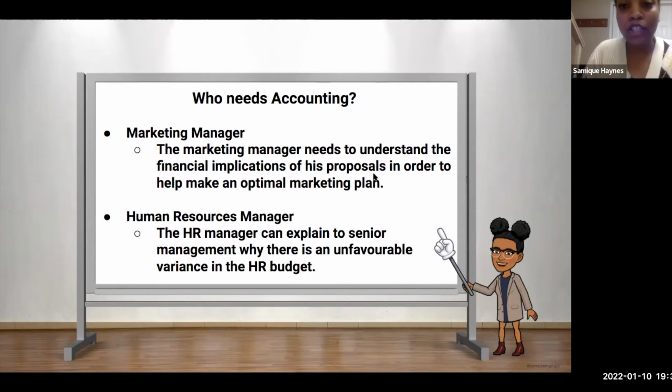So this is how much I think I need to spend on marketing, and you have to be able to justify that to your manager or to the board of directors, why you think we should invest this much in marketing, and showing them exactly how this is going to benefit the organization. And honestly, if you don't have an understanding of accounting, then you wouldn't really have good points to support your marketing plan.